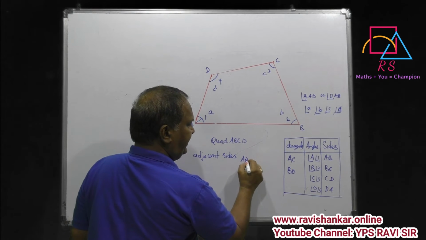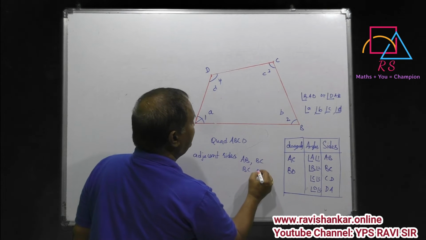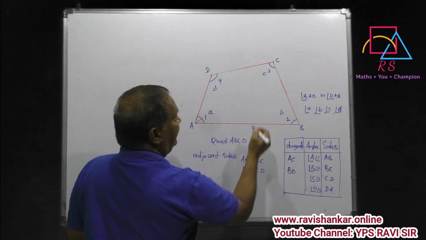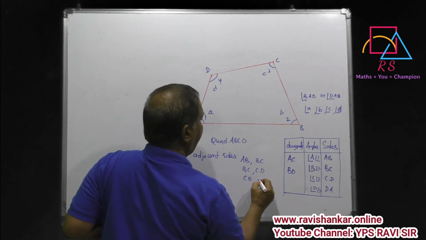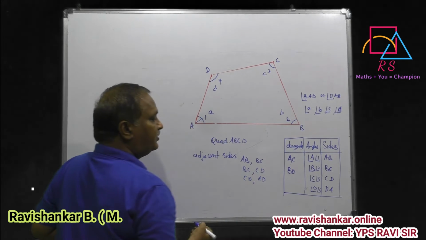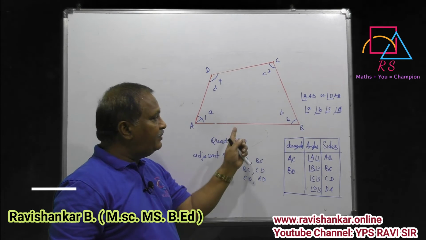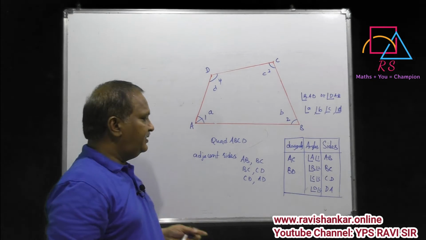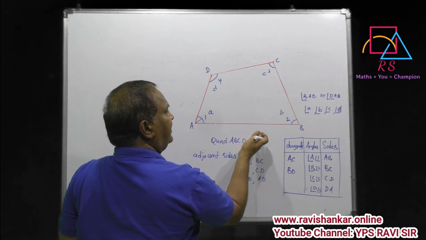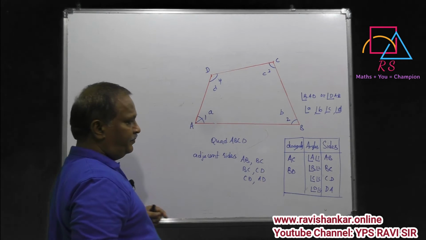AB is adjacent to BC, BC adjacent to CD, and CD adjacent to AD. So adjacent means one after the other. In between them there will be one vertex. Like that also you can remember. So BC, AB are adjacent, BC, CD are adjacent, AD, CD are adjacent, like that.